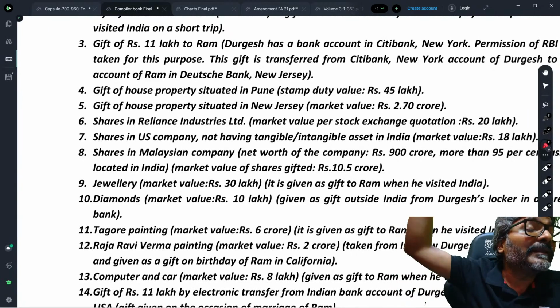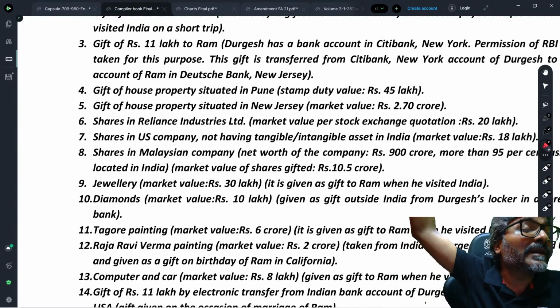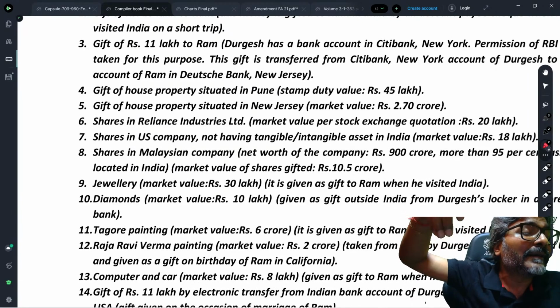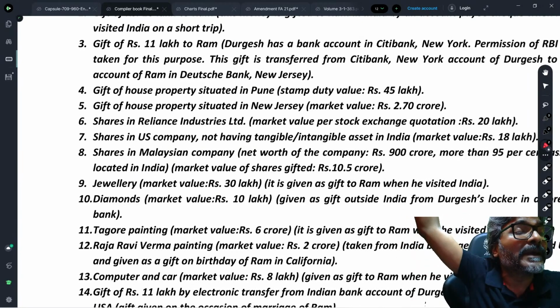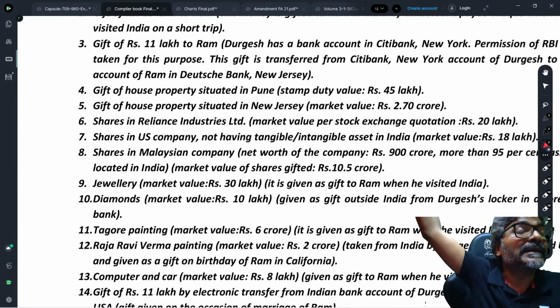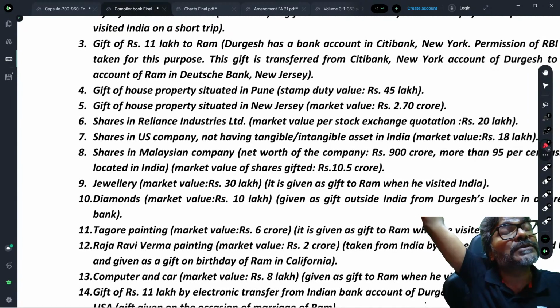Like for example, there is a popular question where there is an agent of a supplier in India. The agent is situated outside India. The role of the agent who is situated outside India is to find prospective buyers outside India. The payment of the commission is made to this particular agent outside India.